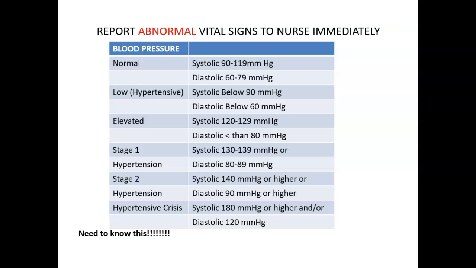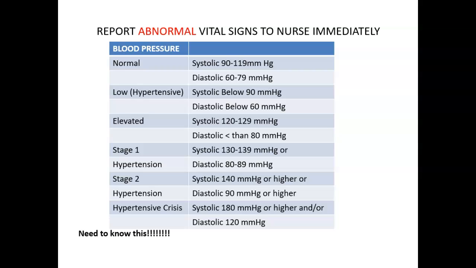So that is normal, 120 over 80. And then low would be a systolic below 90 and a diastolic below 60. That would be hypotensive.